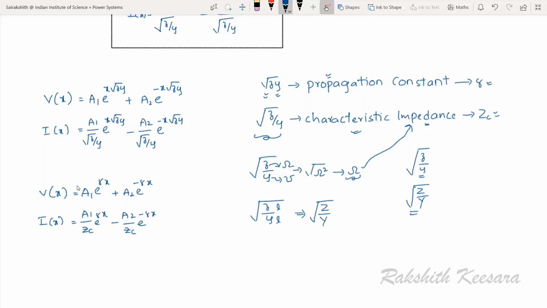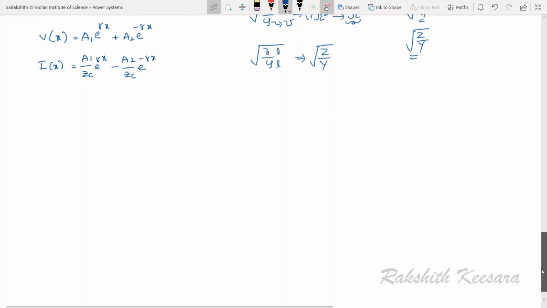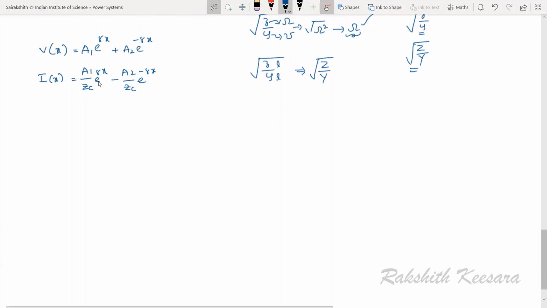And we can derive these values of A1 and A2 very easily by using initial conditions. We will derive that later, but there are some important observations to be made from these two equations.